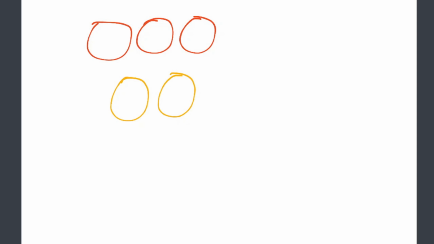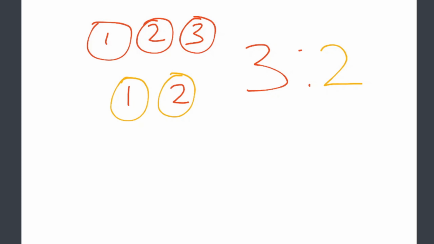So what are ratios? Ratios are when we're comparing two amounts of an object, like the quantities of an object. For example, say we have 3 apples and 2 oranges. The amount of apples for every orange would be 3 apples to 2 oranges. So for every 3 apples, we have 2 oranges.